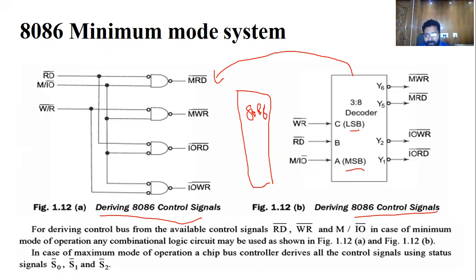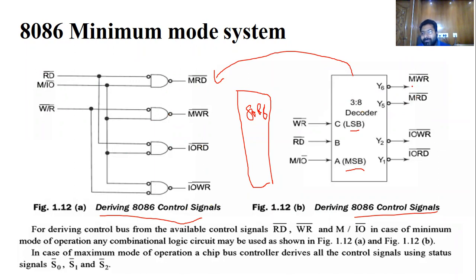This bit will be converted by the decoder, which is built from gates, NAND gates and so on. Out of these 3 pins, we are converting to 4 pins.